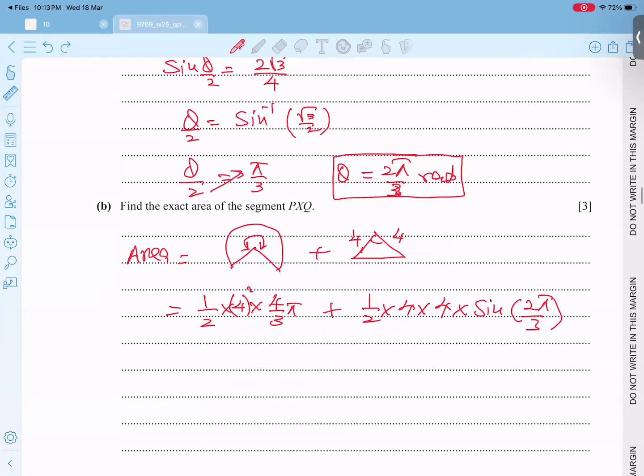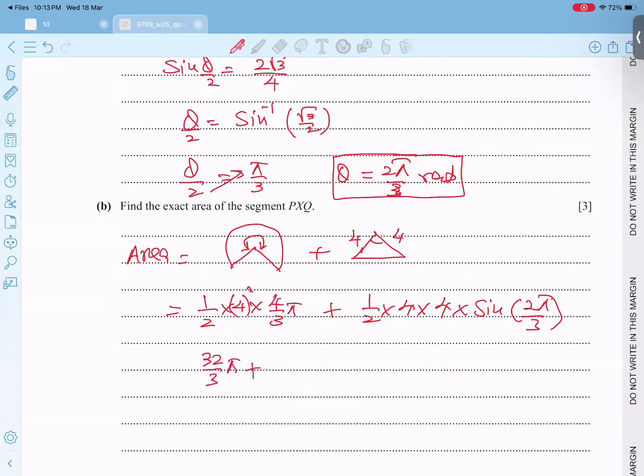Now students, it's a matter of typing in the calculator. One minute please. Half into 16 into 4 pi by 3. Let me check in the calculator. I'm getting 32 over 3 pi.